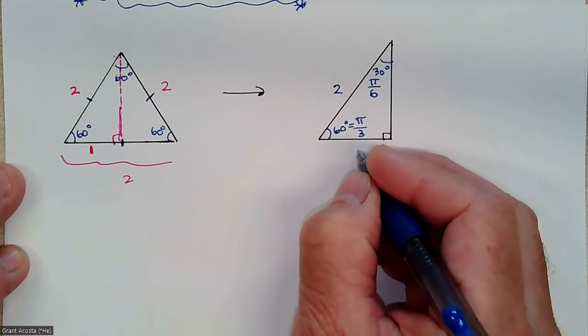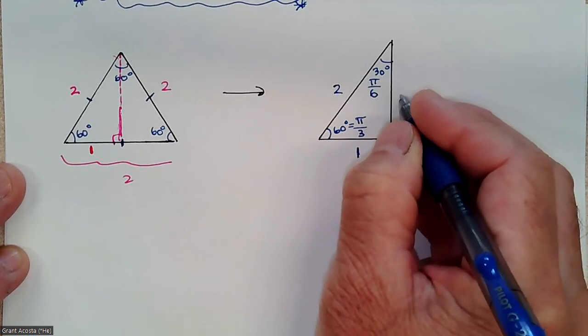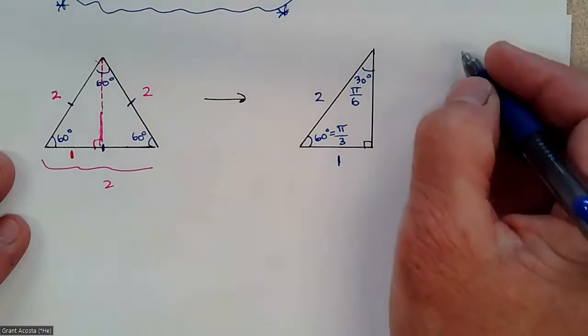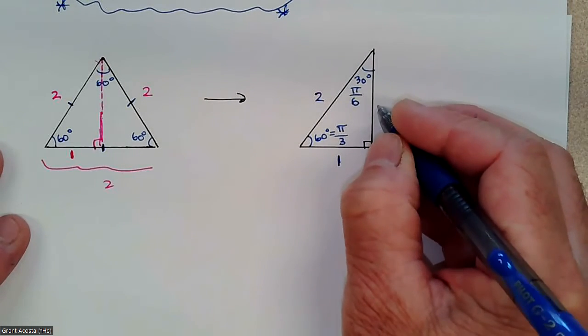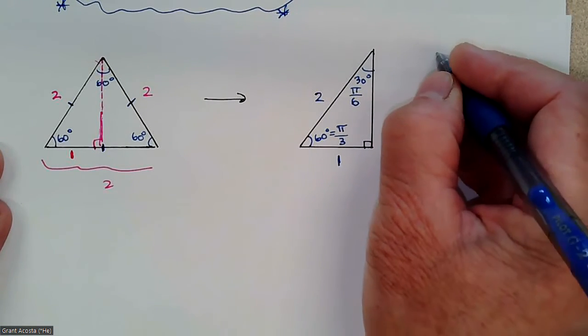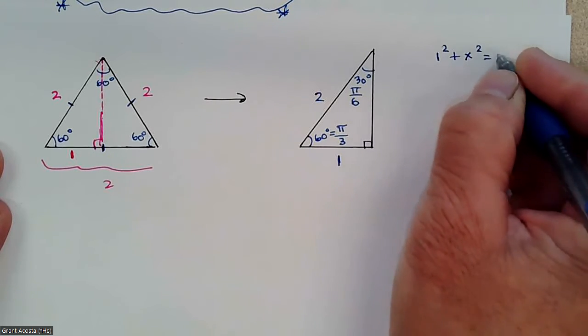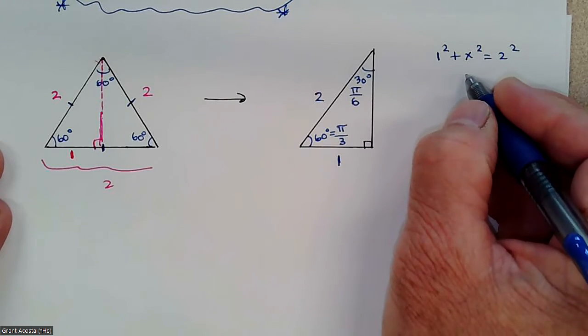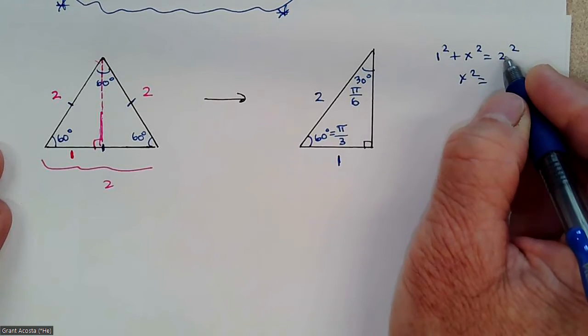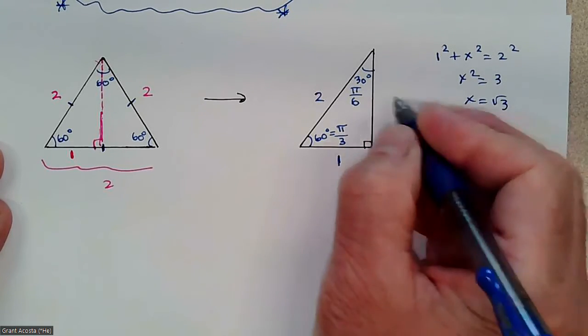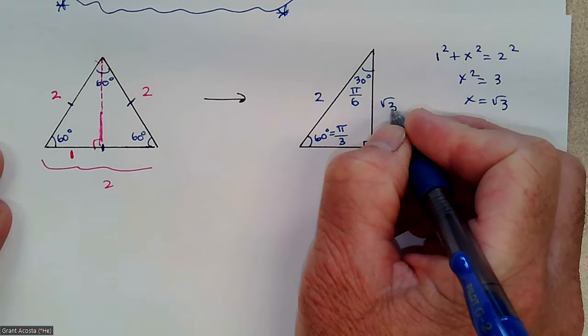This is 2, this is 1, and I can figure out this side right here by using the Pythagorean theorem again. Be careful. The missing side is one of the legs, so it would actually be 1 squared plus, let's say, x squared equals 2 squared. That's 4. If I subtract the 1, I get 3. So this other side here would be the square root of 3.